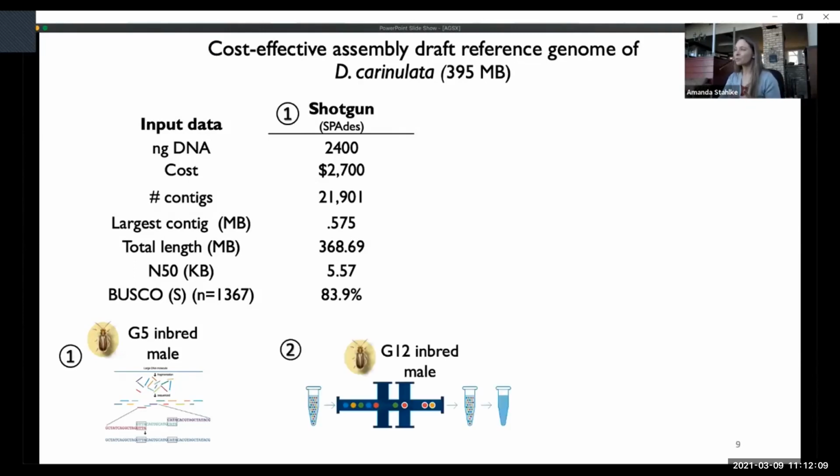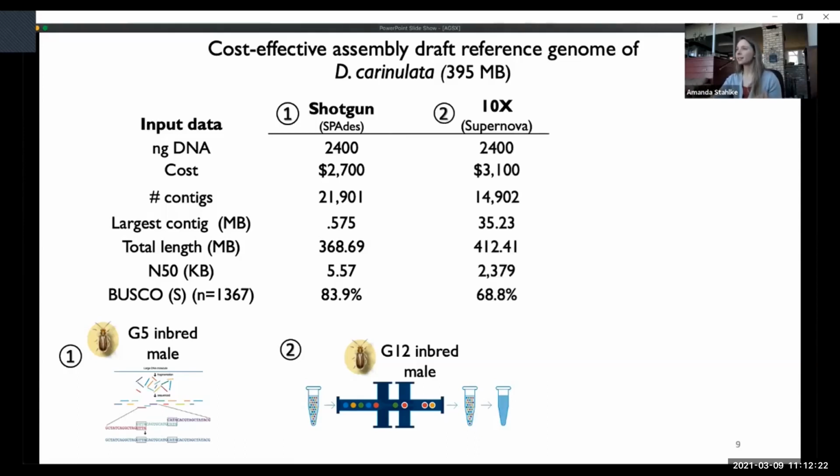We worked to improve this by generating 10x synthetic linked reads with a Chromium library, taking the same crenulata inbred line, this time from the 12th generation. And again, low input DNA requirements and relatively accessible cost, but the Supernova method, assembling reads with just the 10x method, did not work very well. I'm not being totally fair because the Supernova method was never meant to be used with these smaller genomes.